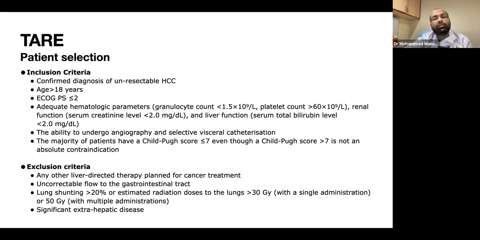And if the lung shunting is more than 20%, that's also a contraindication, as it causes a lot of radiation-induced pneumonitis. And then if there is significant extrahepatic disease, then we don't go for a targeted therapy approach. It's a palliative treatment approach.